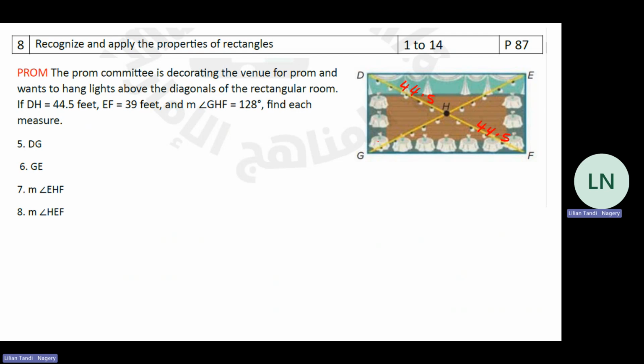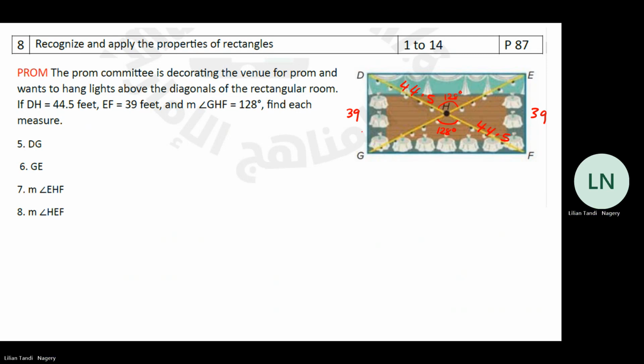Then EF is 39. Opposite sides of a rectangle are congruent. And then what else do I know? I know that GHF is 128 degrees. So if this is 128 degrees, this is also 128 degrees.